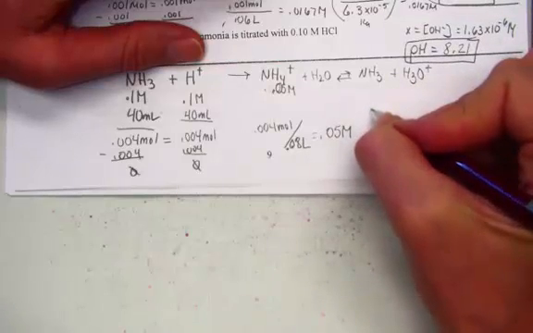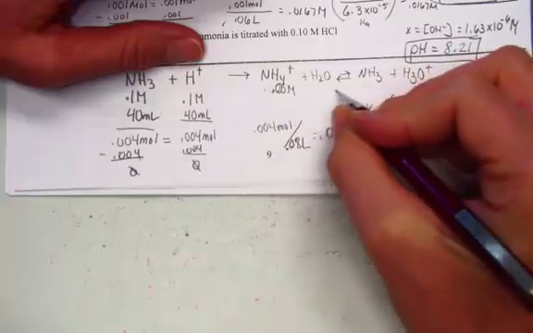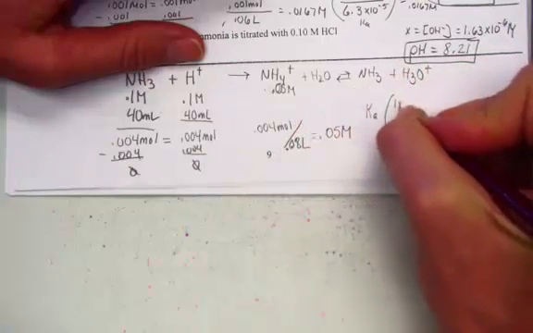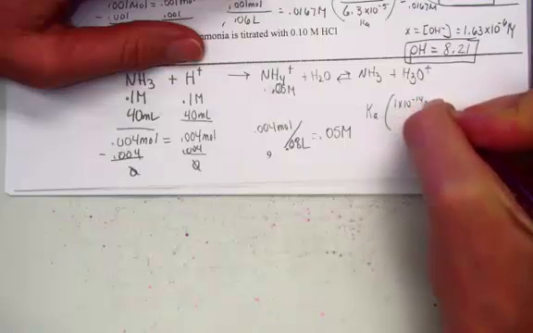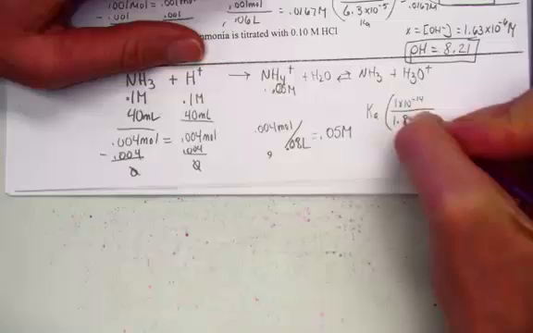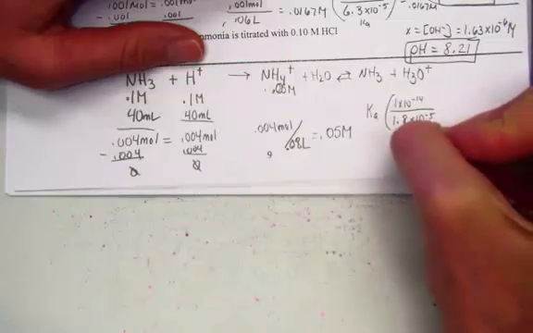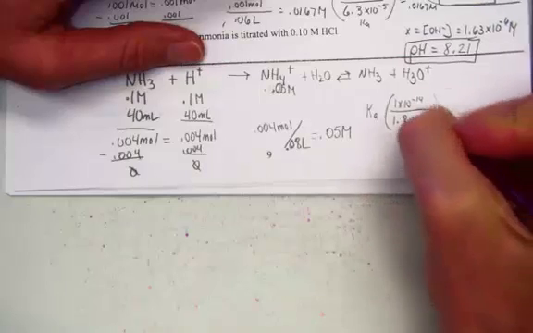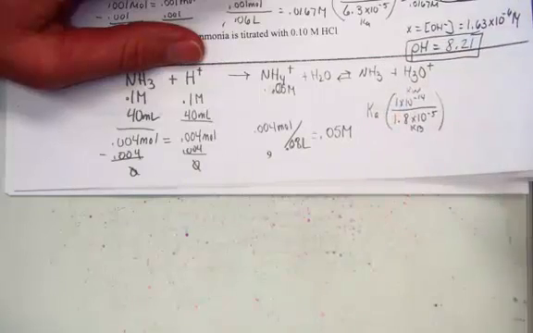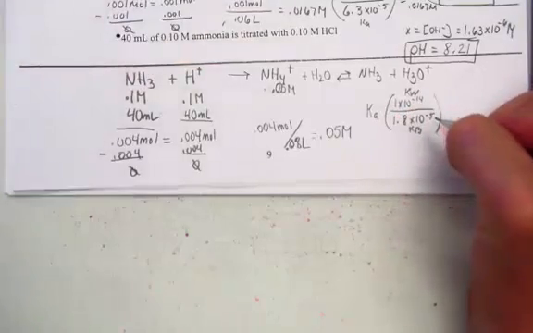We look up ammonia and it has a Kb, but we need that to be a Ka to represent this hydrolysis. We'll use the ion product constant of water, 1e negative 14, over the known value for Kb of ammonia, 1.8 times 10 to the negative 5th. We can find that in our Appendix D, or perhaps we've used it just enough to where you're beginning to memorize.